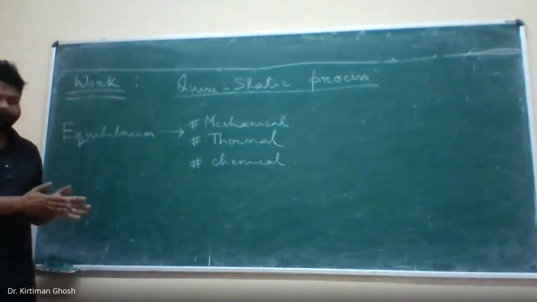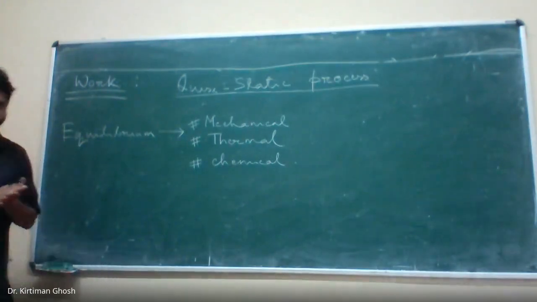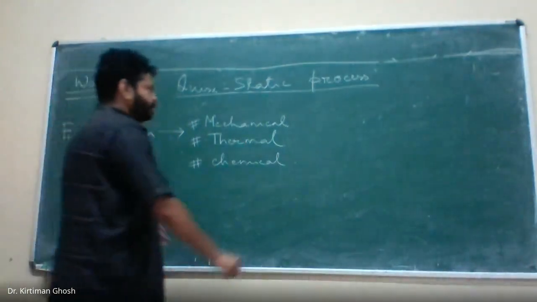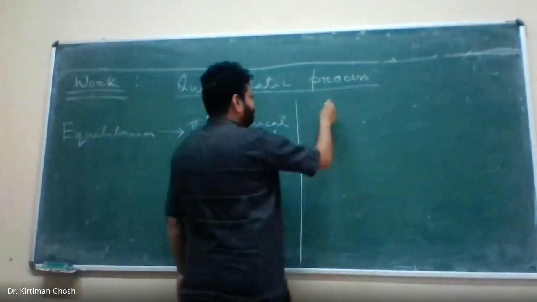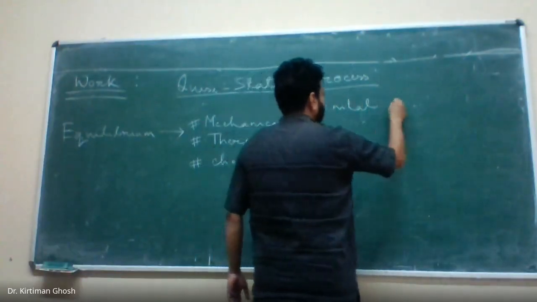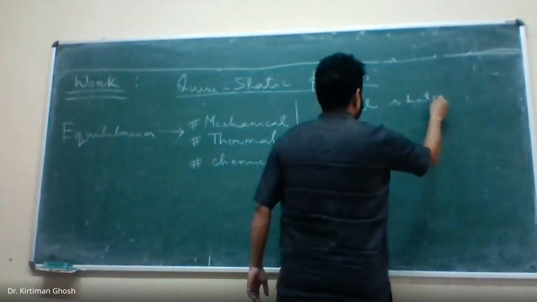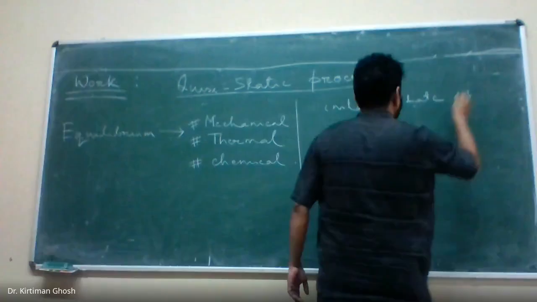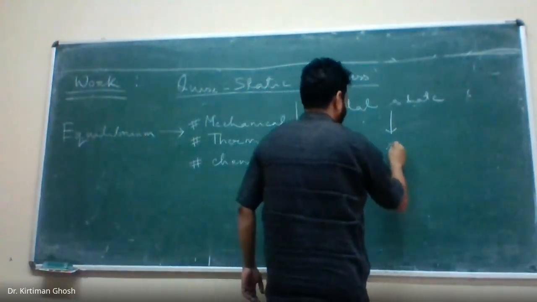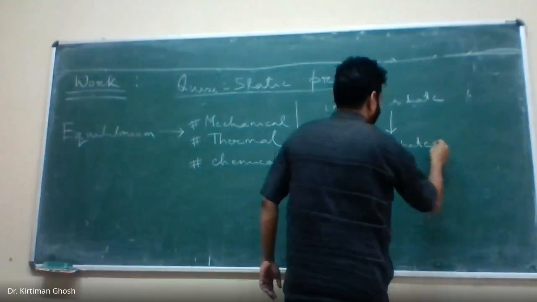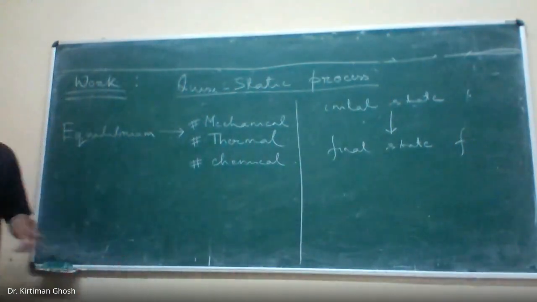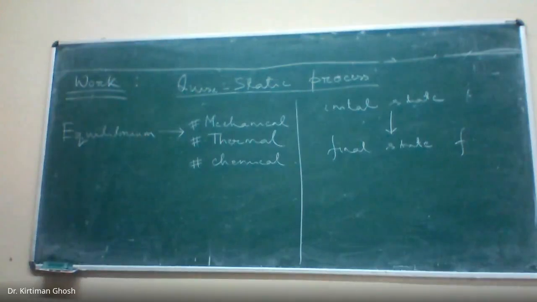Now try to understand the problem. If we want to take a system from an initial state I to a final state S, I need to change the thermodynamic coordinates of the system.